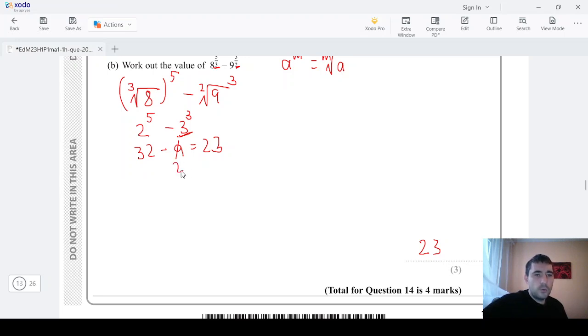Take away 27, and that brings us to an answer of 5. Even with that mistake, you would be getting 2 out of 3 marks. However, try to avoid those mistakes. Of course it happens to everyone, so let's correct it so it's equal to 5.